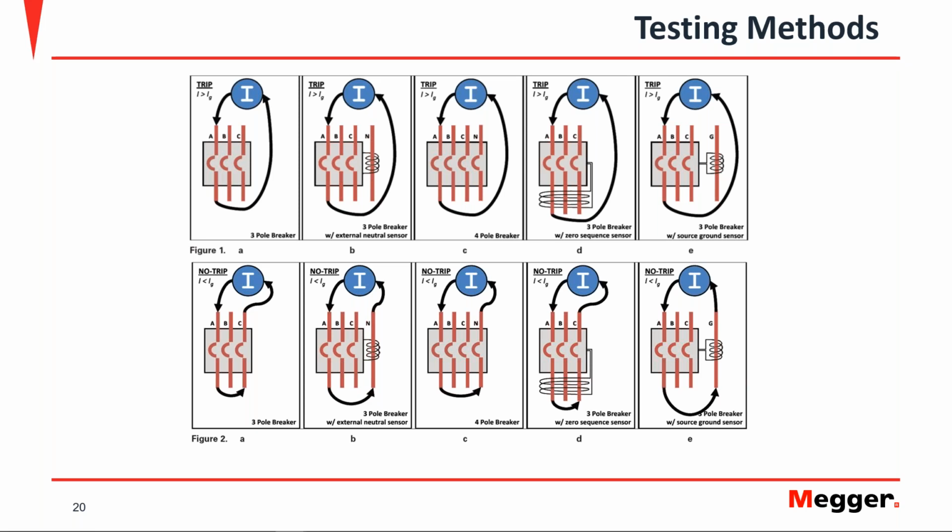And again, you'll find these connections pretty familiar, and if we pay closer attention, you will see that the trip and not trip connections are actually reversed as when you are testing either your long time, short time, or instantaneous for those breakers that have the ground fault protection element either enabled or integrated in the breaker. So again, pretty familiar connections when we talk about circuit breaker testing with primary injection.